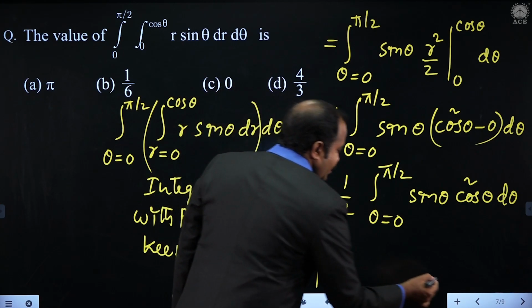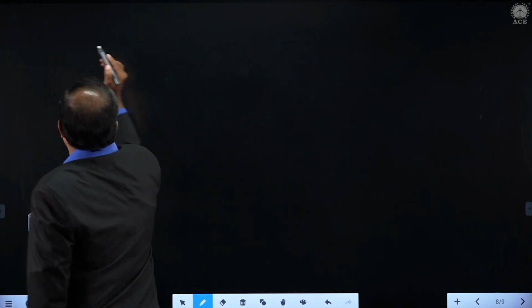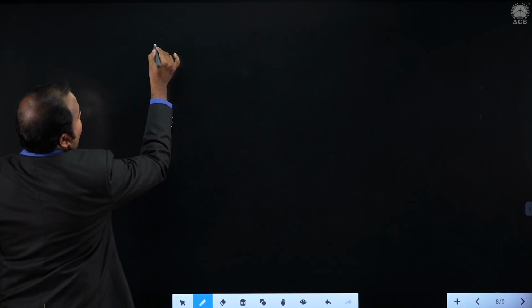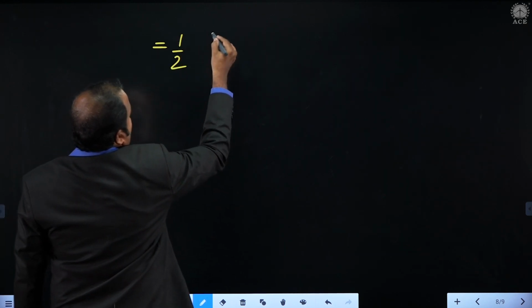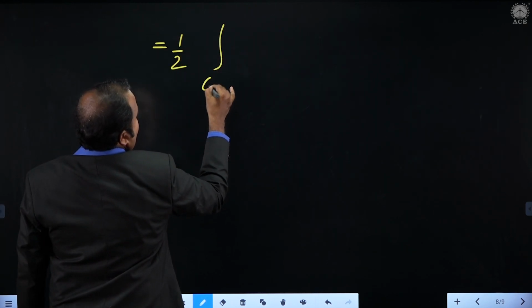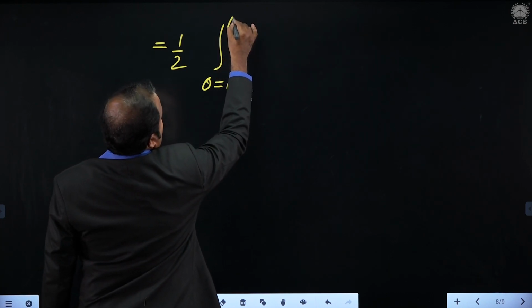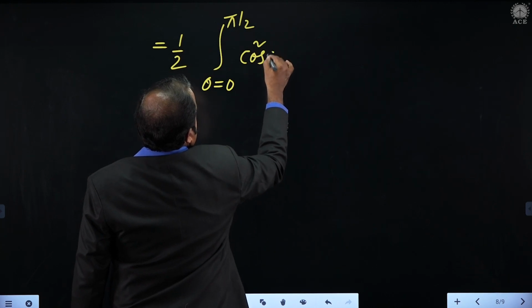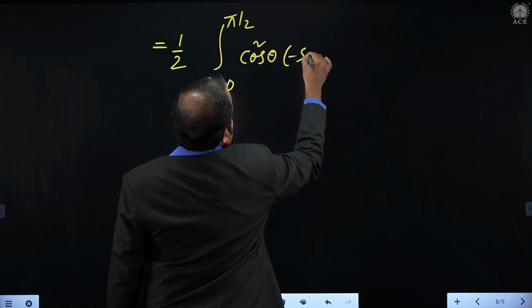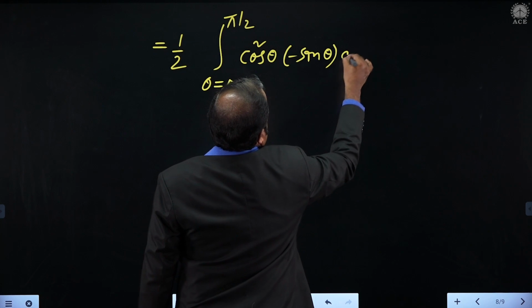So, to evaluate this integral, this is equal to 1 by 2 integral theta equal to 0 to pi by 2 cos square theta minus sin theta d theta.